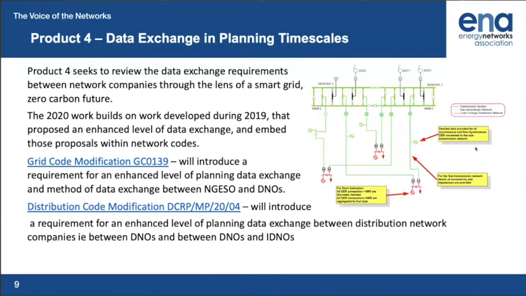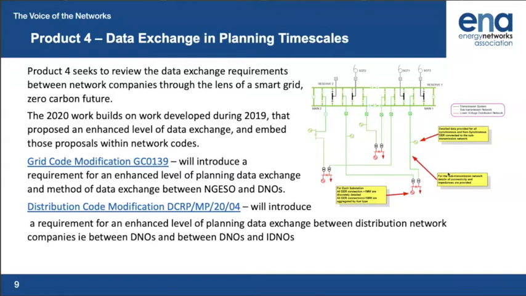And reports were produced by the product and published in January of this year. I say reports. One of the reports was to detail the enhanced data exchange requirements. The other report was to look at how you would do that.